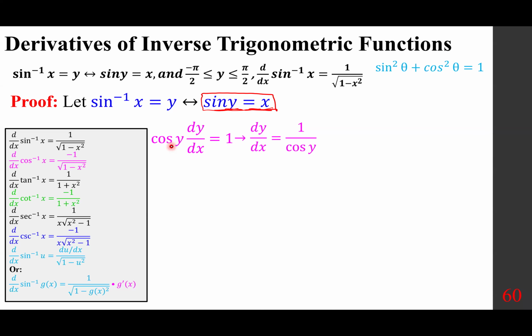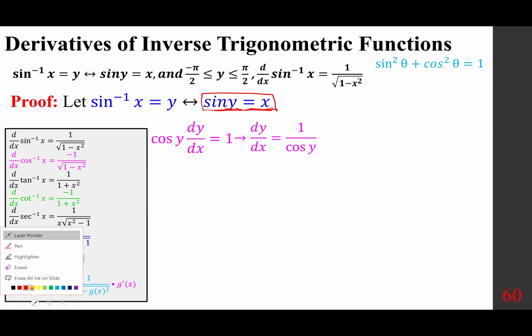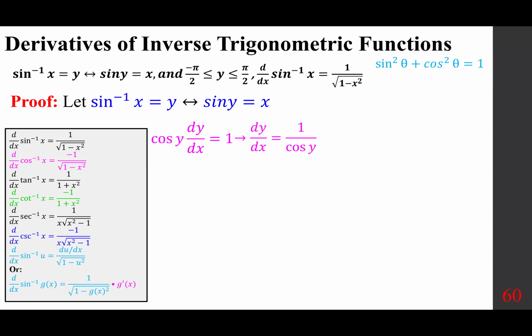Well, you know, sine squared plus cosine squared is 1, one of the Pythagorean identities, which makes cosine theta plus or minus the square root of 1 minus sine squared theta.